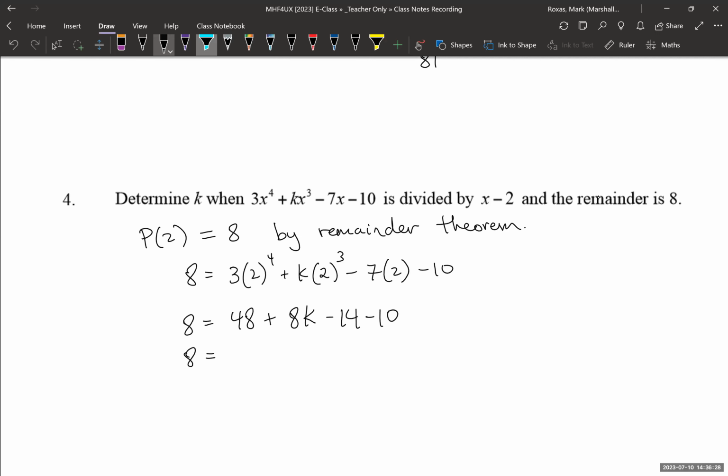Simplifying further, we get 48 minus 10 is 38, minus 14 is 24. So 24 plus 8k equals 8. Subtract both sides by 24, we get minus 16 equals 8k. And so k is equal to negative 2.